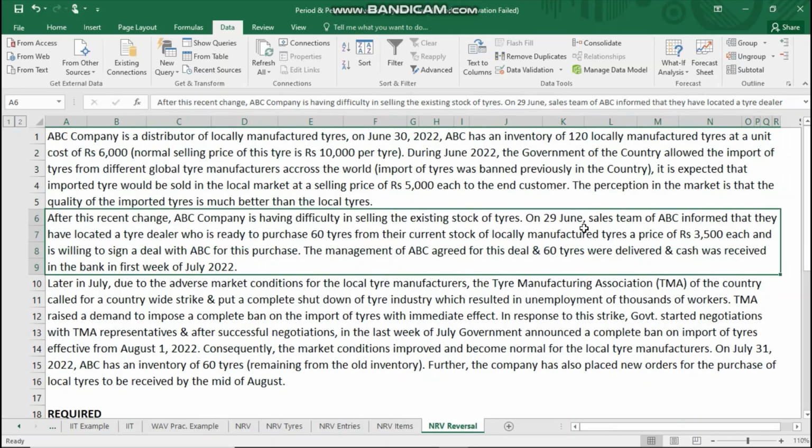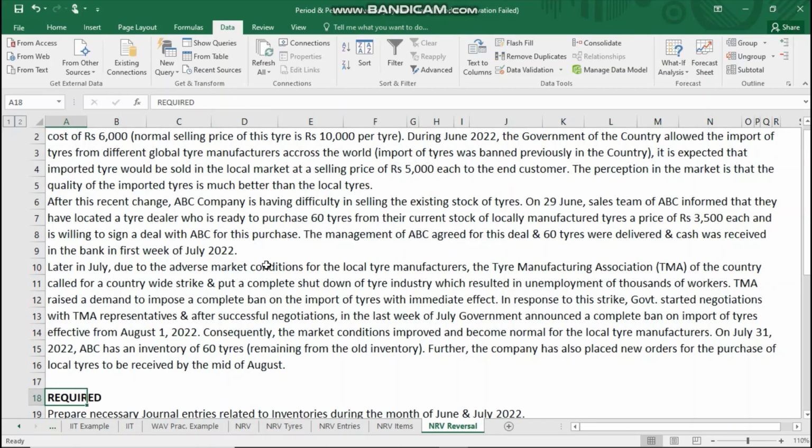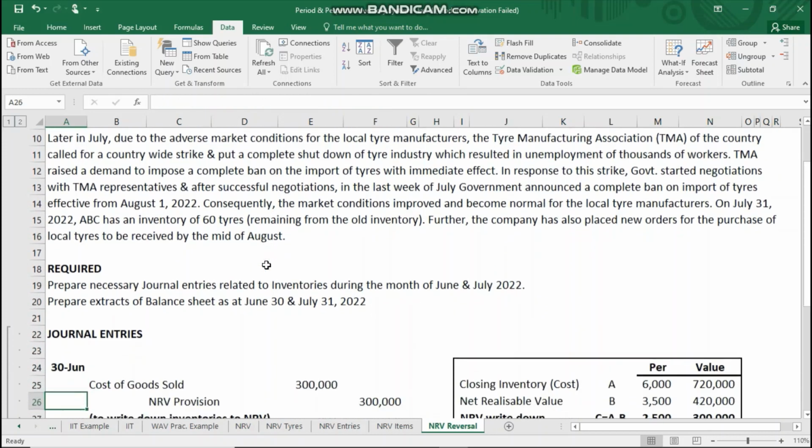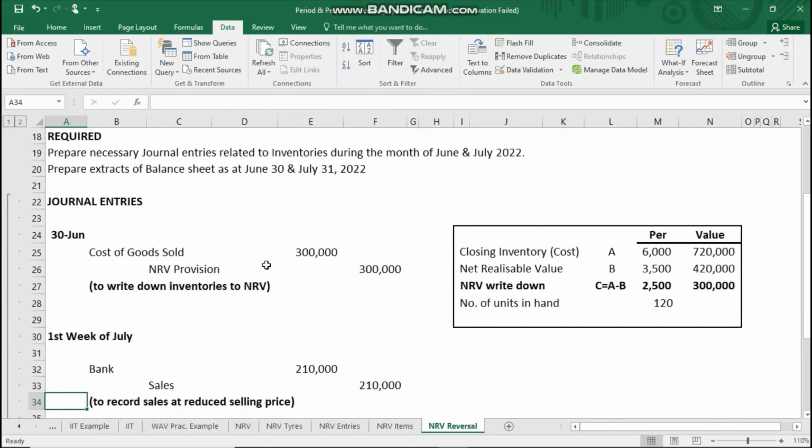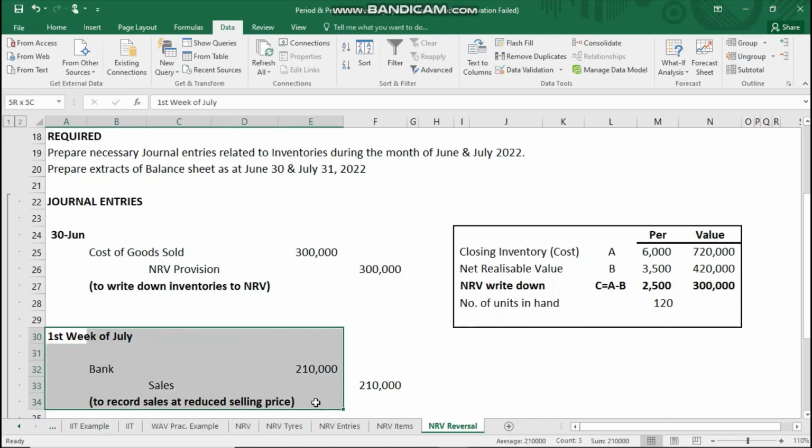The sales team informed that there is another tire dealer who is ready to purchase their stock, and management of ABC has agreed to this deal, and 60 tires were delivered and cash was received. So it seems that the sale happened in the month of July, and we will record the sales entry happening in the first week of July.